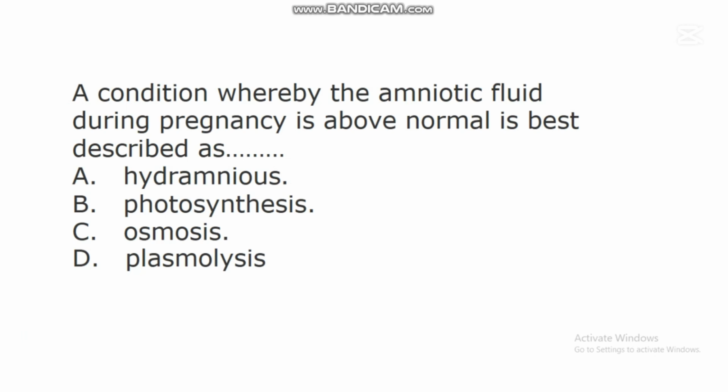In this question, the correct answer is A. Hydramnios. So this hydramnios is a condition whereby the amniotic fluid in the body system of a pregnant woman is above normal, and when the amniotic fluid level is above normal, it can cause some problems in that pregnancy.